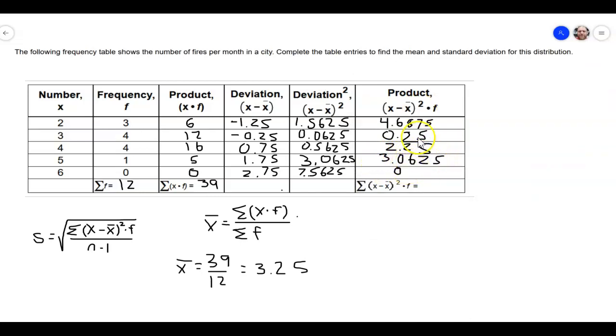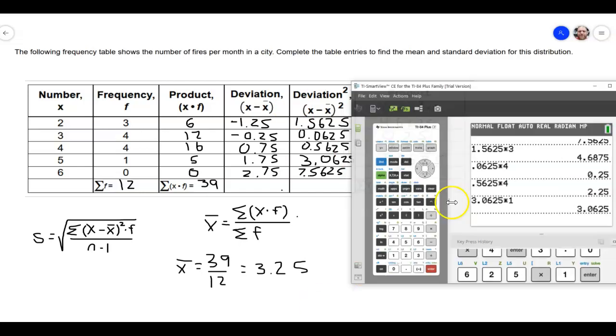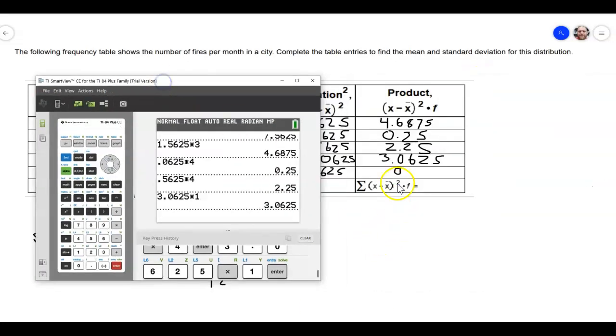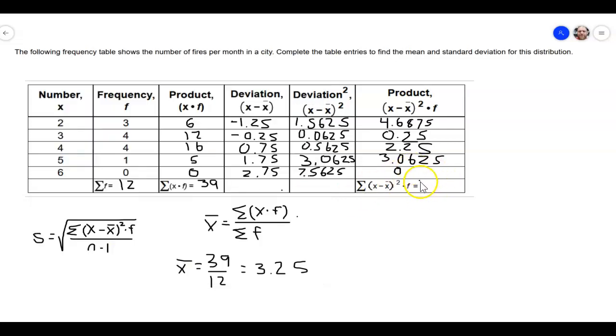3.0625. Now we've got to add all of those up to get that sum there, because that's the summation of all of these things here. So I already have that in there, so I'm going to say plus 2.25 plus 0.25 plus 4.6875, and I get 10.25.